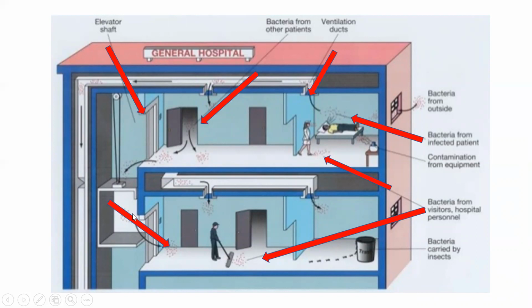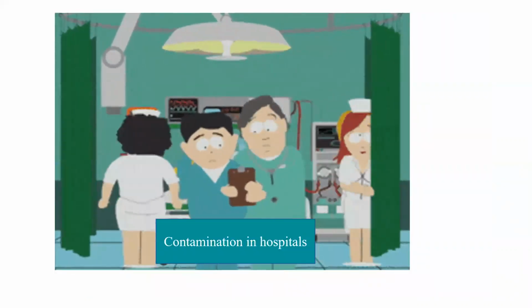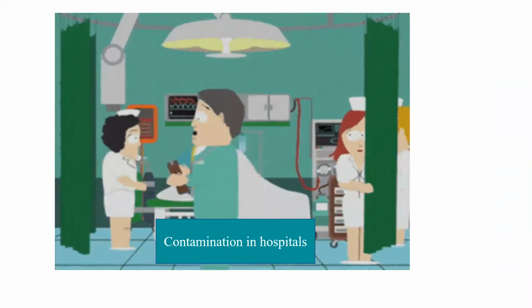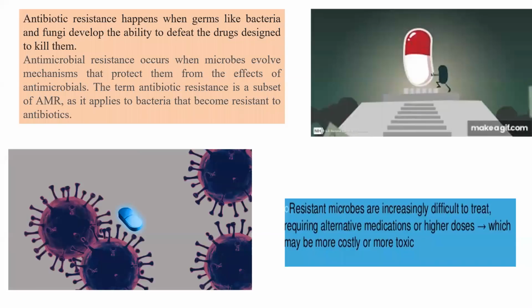And if cleanliness is not maintained properly, if stringent rules are not maintained properly, the hospital may act as a potent source for nosocomial infections. So the contamination may come from the hospital personnel in the operation theater as well.